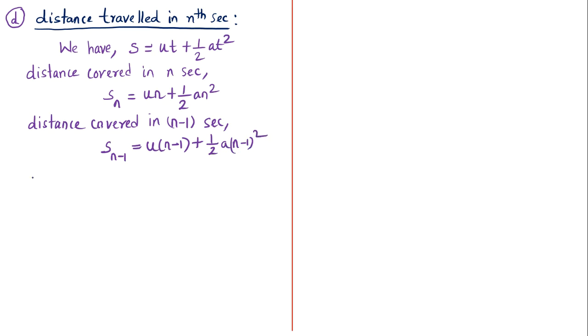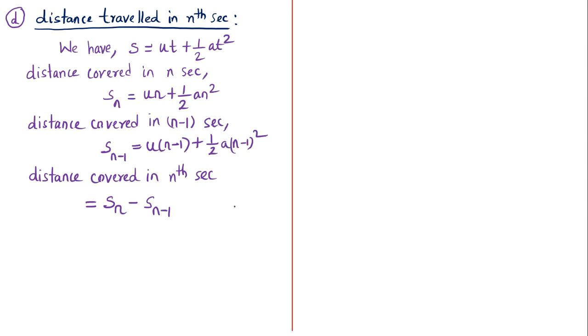Clear? That means distance covered in nth second is equal to distance covered in n seconds minus distance covered in S n minus 1. Clear? Got this or not?